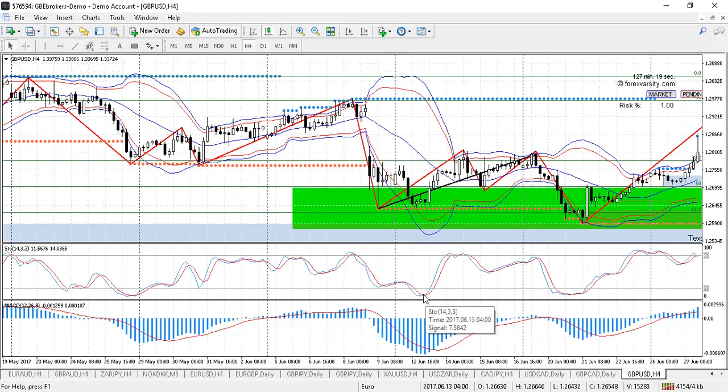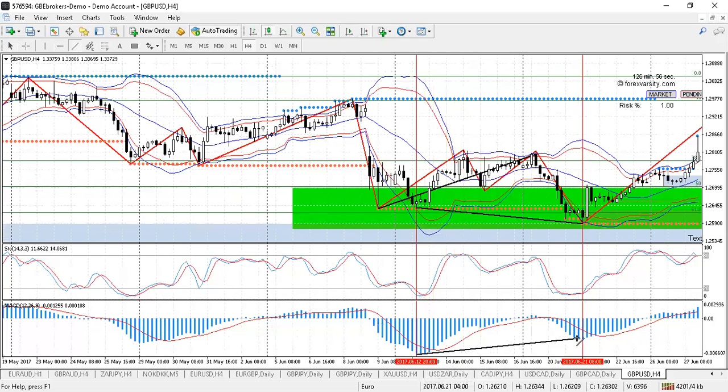The stochastic there is in the oversold section. So if we put a vertical line at that low point where the stochastic is, and then another one over here, you can see price action is sloping down and the MACD is sloping up.